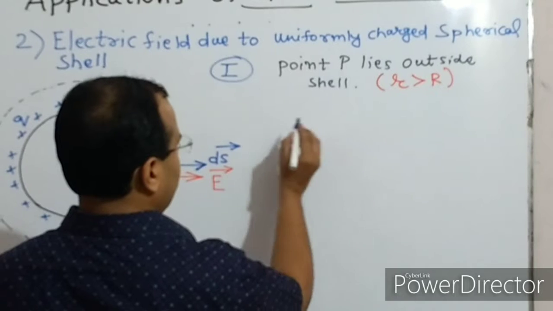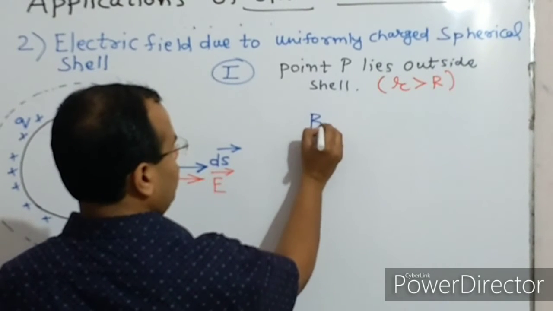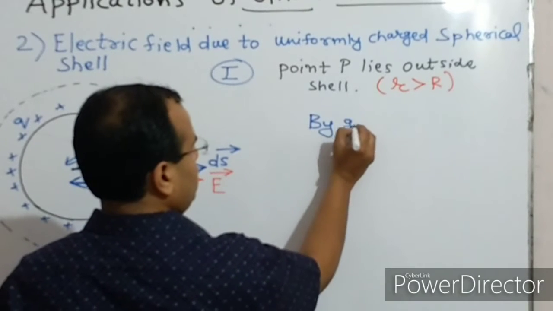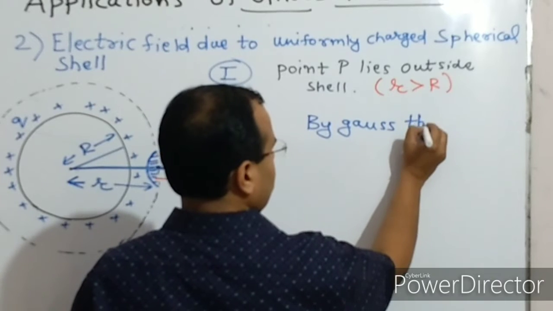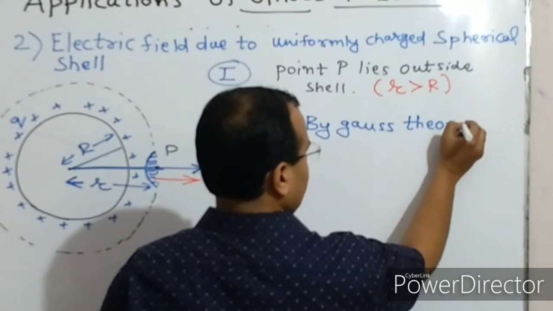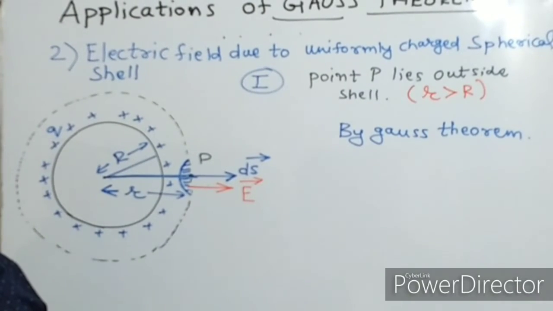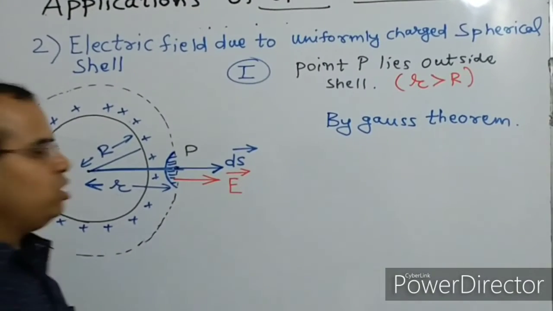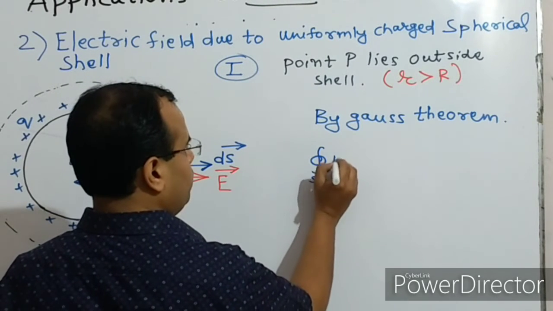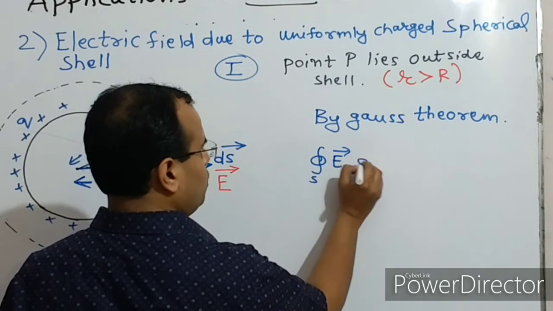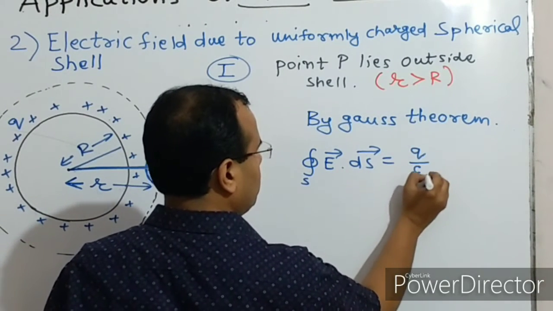By Gauss theorem we can write closed surface integral E vector dot ds vector equals q upon epsilon naught.